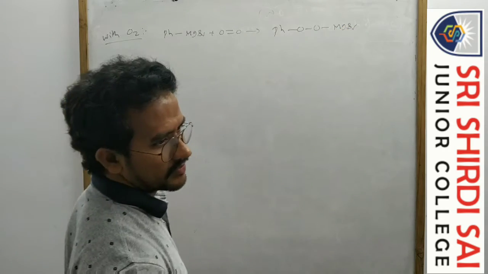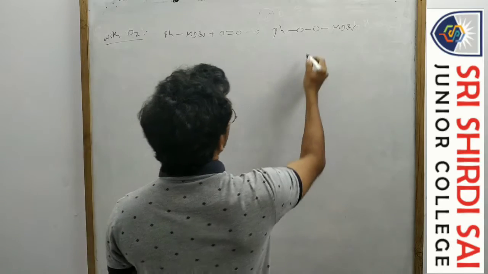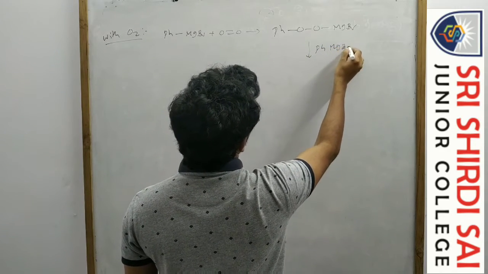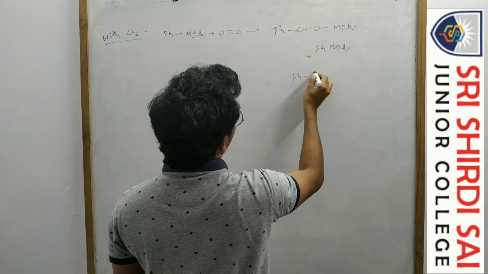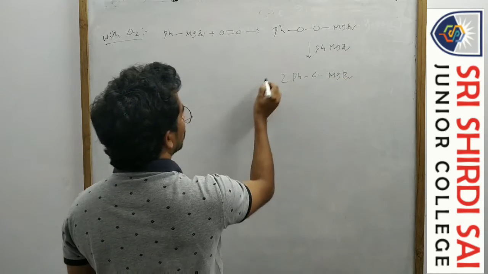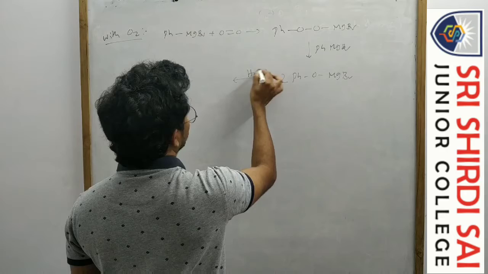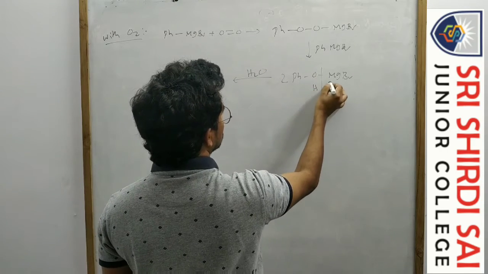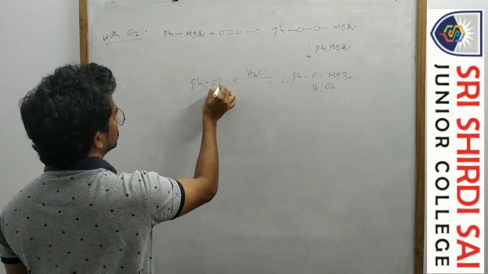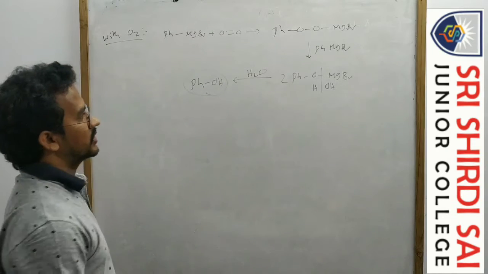Now this one on further reaction with phenyl magnesium bromide gives two equivalents of Ph-OMgBr. Now on hydrolysis, here H, here OH, so we will get PhOH. That is the main product. Phenol is the main product.